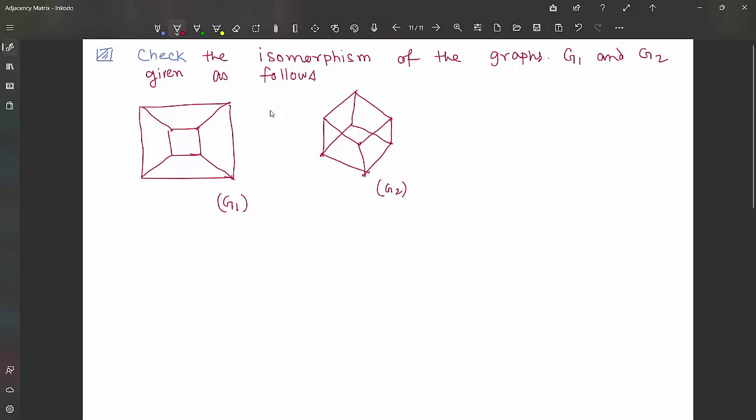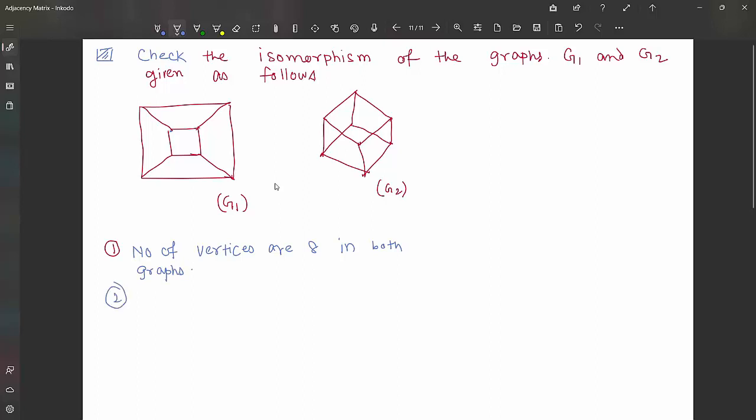Okay. Now you have to check the isomorphism of these two graphs. So number one, if you start, you can see that there are a total of 8 vertices in both. So the number of vertices is 8 in both graphs.